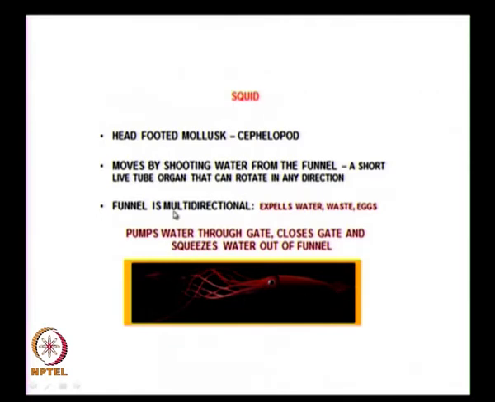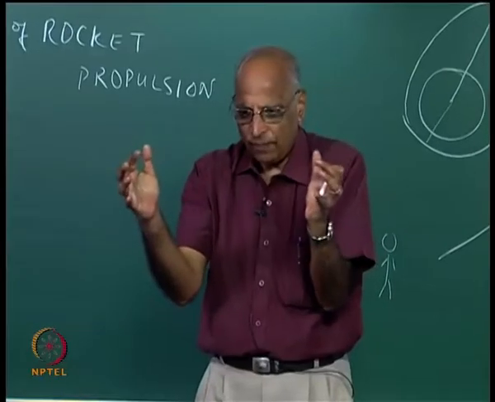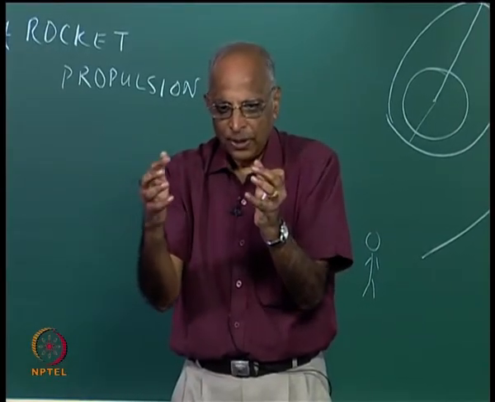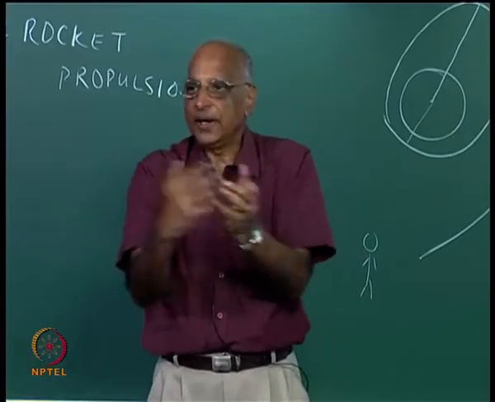Therefore, it moves by shooting water out from its funnel, and whenever it wants to move, it expels water, waste, eggs and all that, and that is how it moves. It is very similar to a rocket. It collects water, pressurizes the water, releases the water gradually, and it moves out.